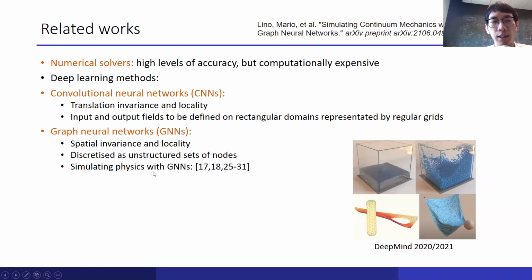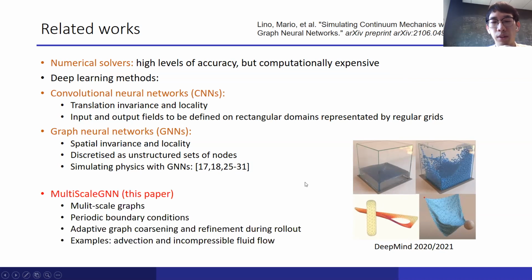Recently, there are some works using GNNs to simulate physics problems. Among these references, it's worth taking note of the work from DeepMind. In these two years, they used GNNs to simulate both fluid mechanics and solid mechanics problems.